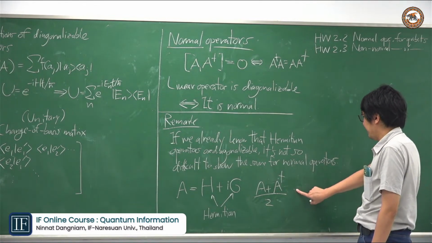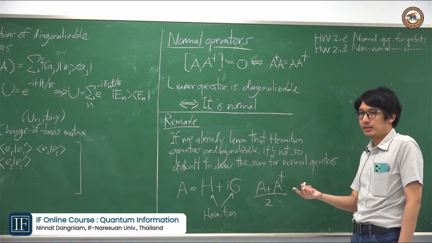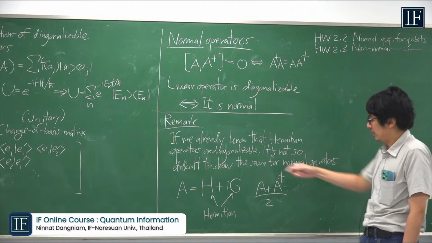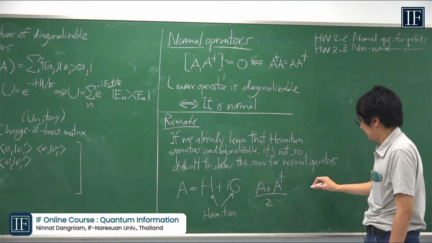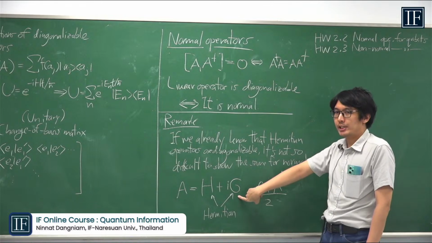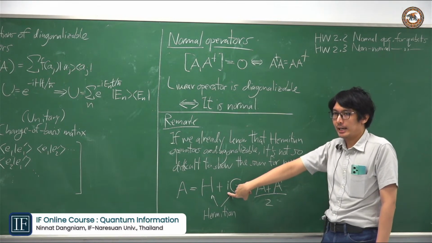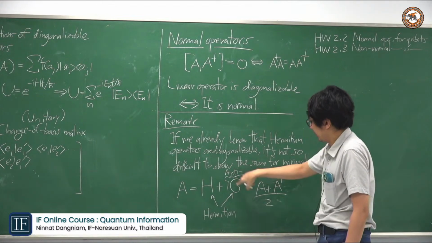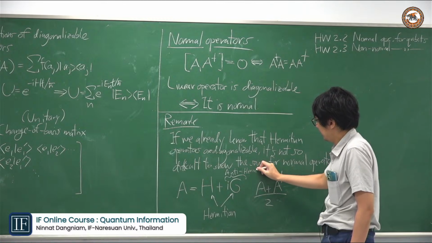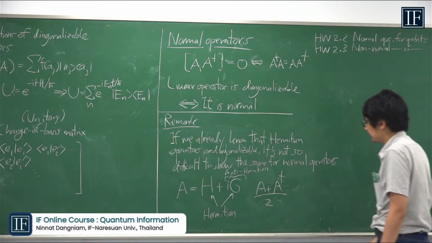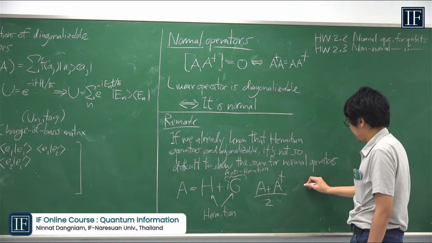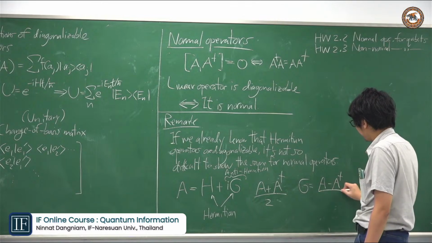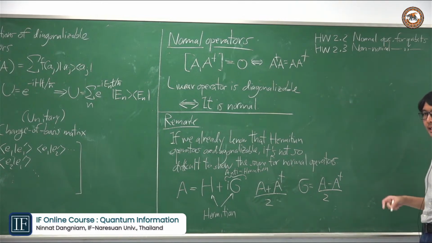Whereas if you do it the other way, if you have A minus A dagger, you would have something that is anti-Hermitian. But I say that G is Hermitian, which is why I put the i here, so that this whole thing is anti-Hermitian, and so this is Hermitian.